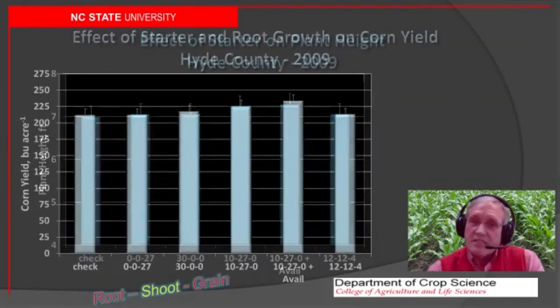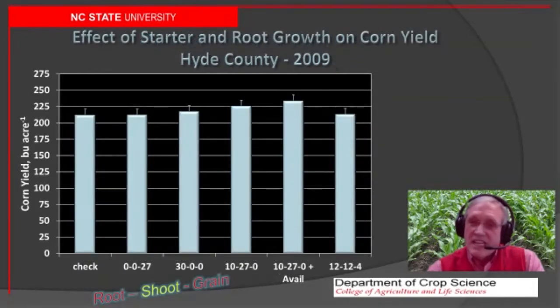So that's plant height. There's the grain yield from that same study in Hyde County, and the highest yield was with that 10-20-7-0. So a clear indication here of the role that phosphorus is playing in influencing yield and development in this plant.